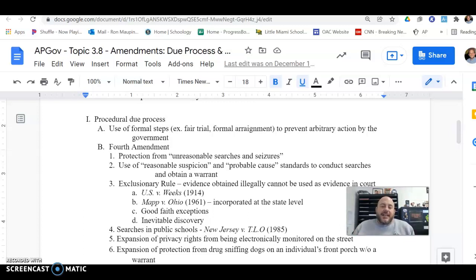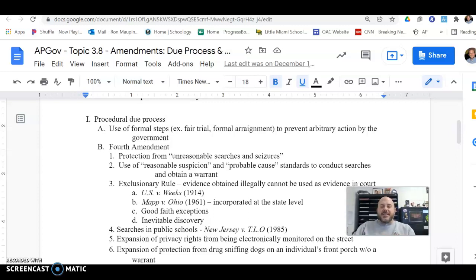That search was not legal because there was no probable cause as far as the example goes. It was just done on a hunch by the police. No warrant was issued by a judge. So that evidence of the 30 pounds of marijuana could not be used in that defendant's trial because that evidence was obtained illegally. In other words, that evidence was obtained by violating the accused person's rights. So you can't use that evidence.